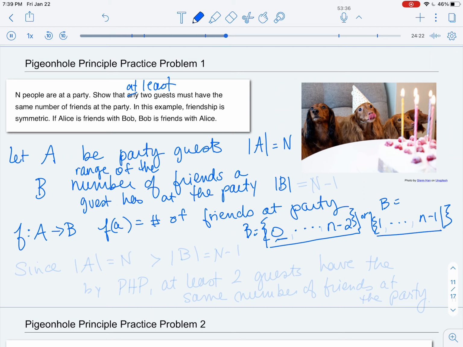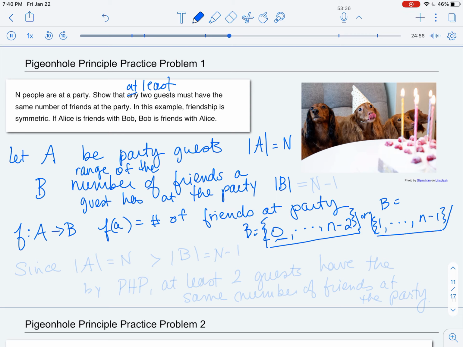Either we have someone at the party with no friends whatsoever, and in that case, the most friends that everyone else can have is n-2, or everybody at the party has at least 1 friend, and somebody else could possibly be friends with everybody else. But you'll notice that the number of friends that is possible for people to have is either from 0 to n-2 friends, or from 1 to n-1 friends.